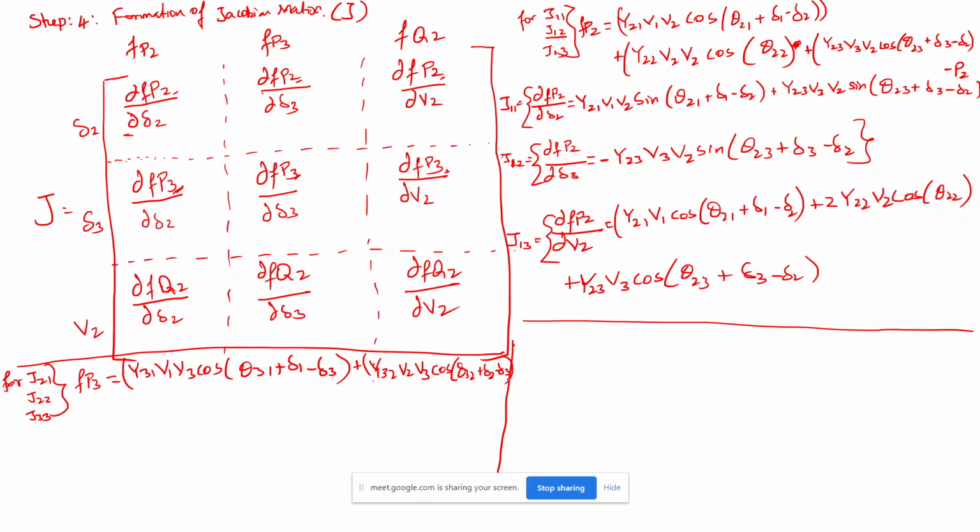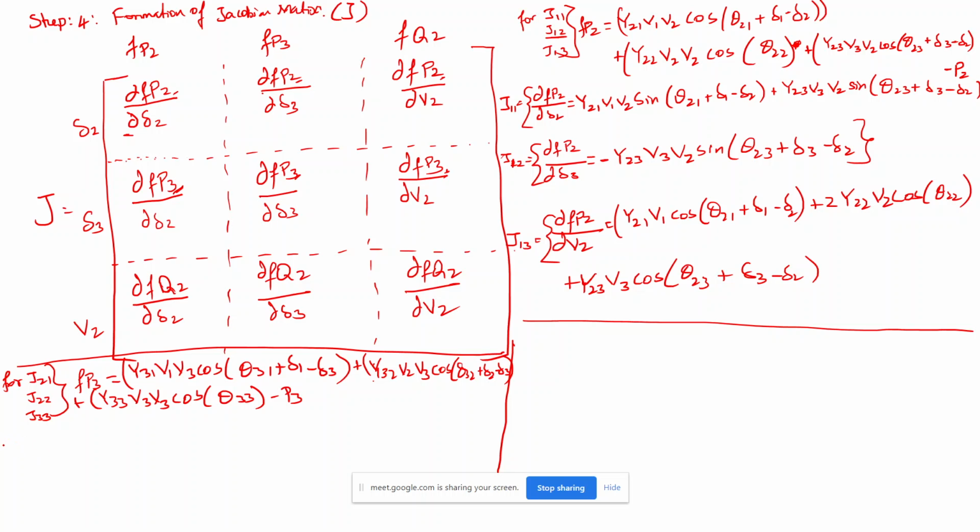This is del 2 minus del 3, and then plus Y33 V3 cos theta 33, and it will be del 3 minus del 3, so I will omit that, minus P3. So this is my equation for FP3.